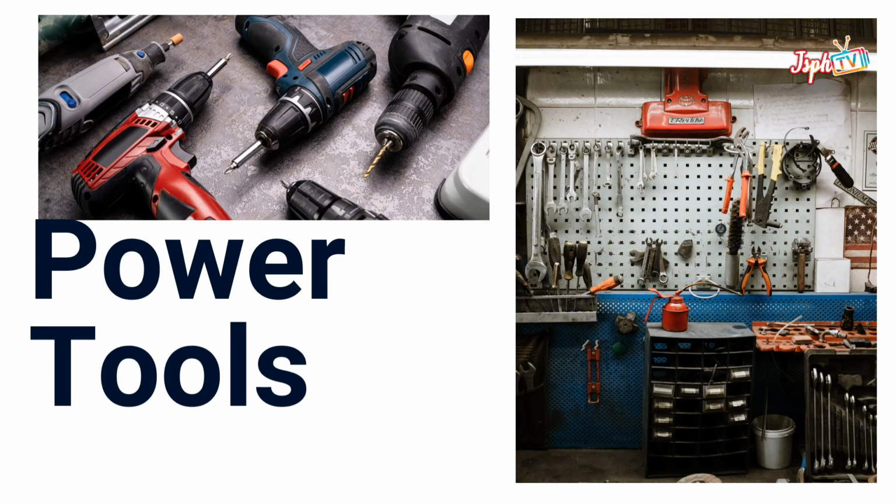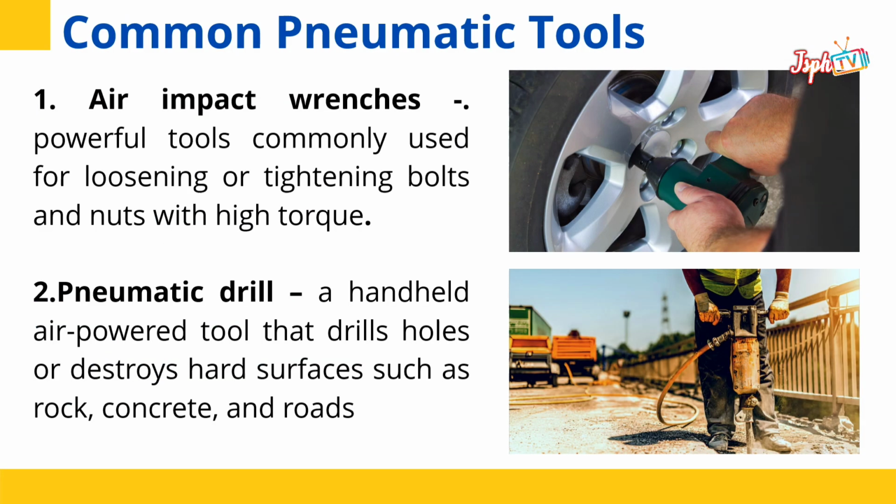Next, power tools. We have common pneumatic tools. First, the air impact wrenches. Powerful tools commonly used for loosening or tightening bolts and nuts with high torque. Pneumatic drill, a handheld air-powered tool that drills holes or destroys hard surfaces such as rock, concrete, and roads.